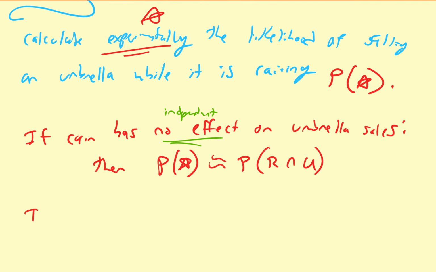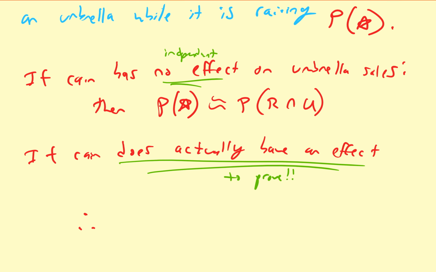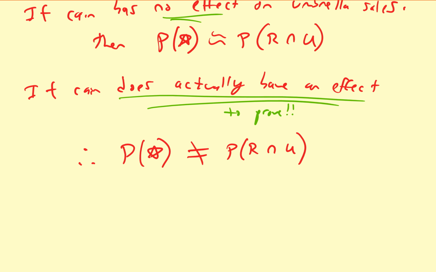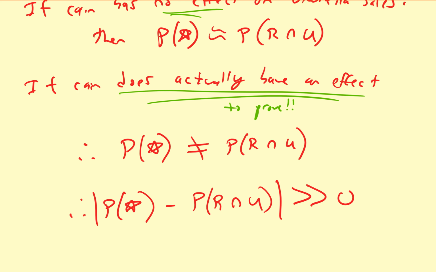Now, if rain does have an effect, and sometimes people want to actually prove this, right? So this might be something you're trying to prove. That means the probability of star is not approximately equal to the probability of R intersection U. So you're trying to prove that the absolute value of the probability of star minus the probability of R intersection U is extremely large.